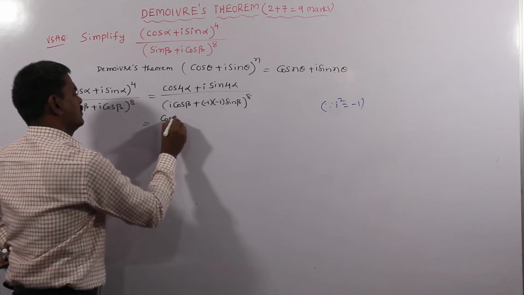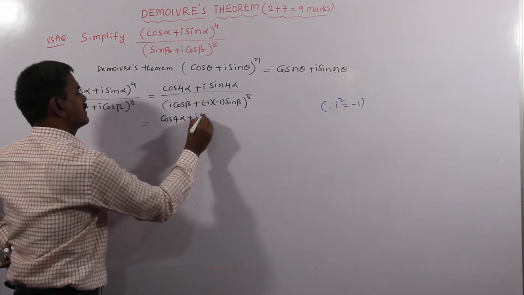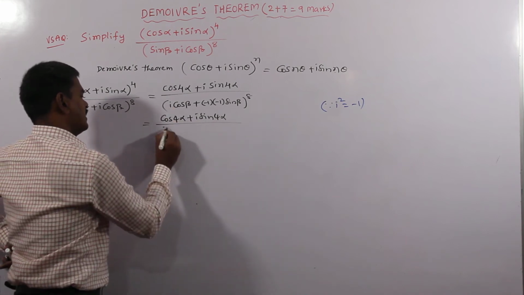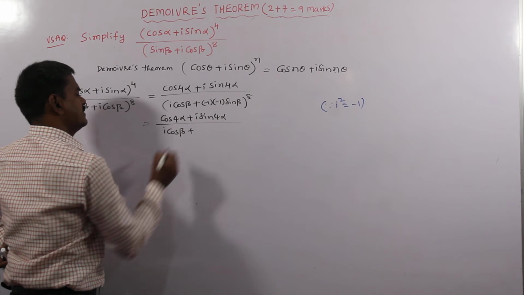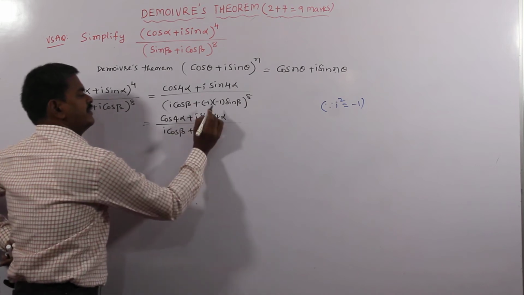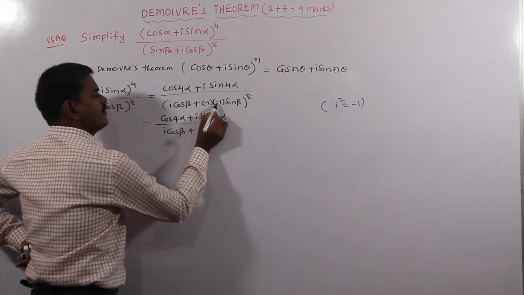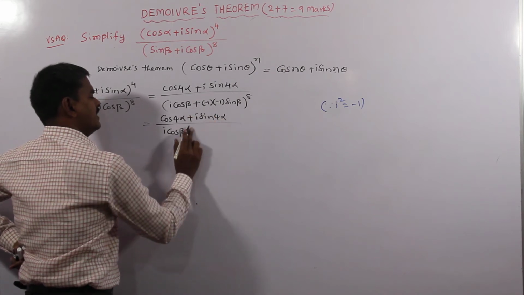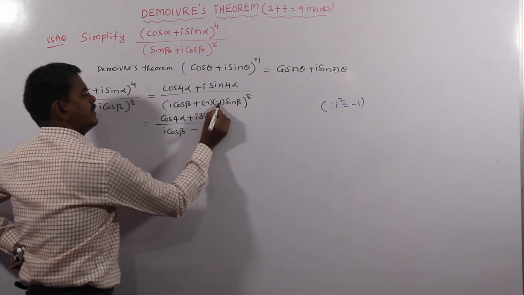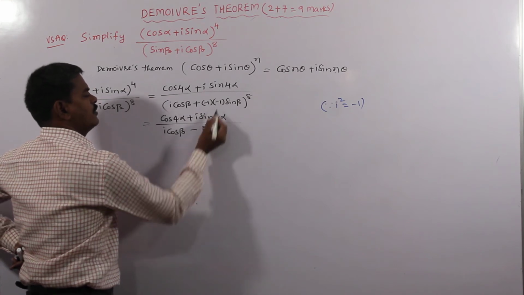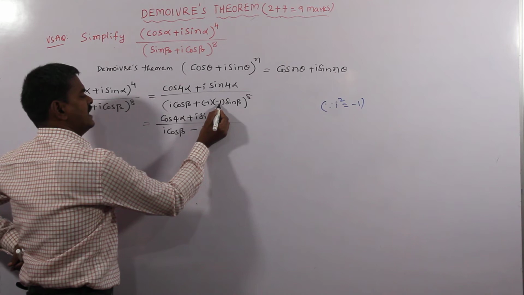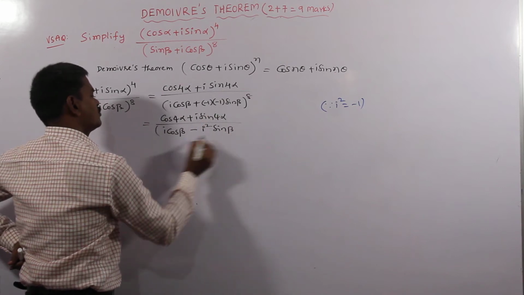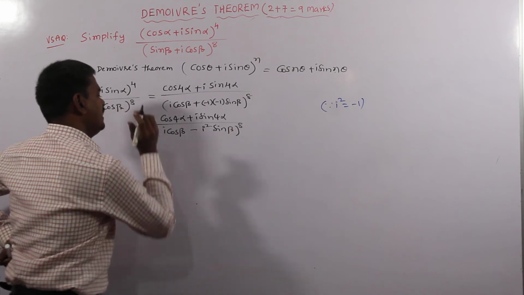That is the plan. So cos 4 alpha + iota sin 4 alpha as it is, whole divided by iota cos beta as it is plus, we have to use any one of these two minus 1 terms. So we have to multiply plus into minus, minus. And in place of this minus 1, we can replace iota square. So this minus 1 can easily be replaced with iota square, sin beta. So that we can see clearly the iota term here also.